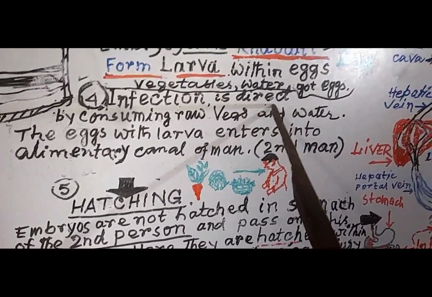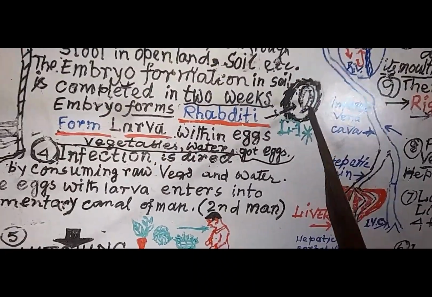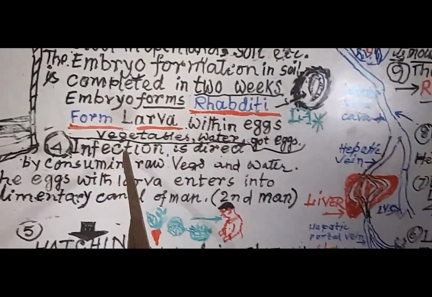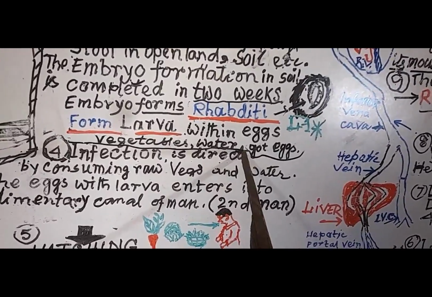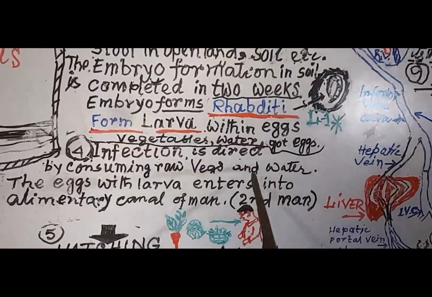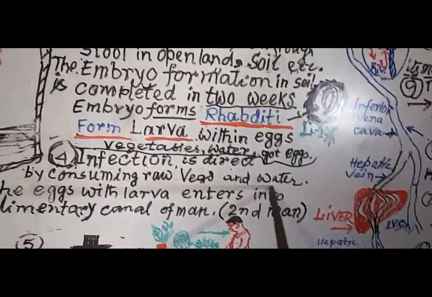Only the ovum, which has formed the zygote and then the rhabditiform larva, enters the vegetables, water, air, soil, etc. Then the infection is direct, by consuming raw vegetables and water.